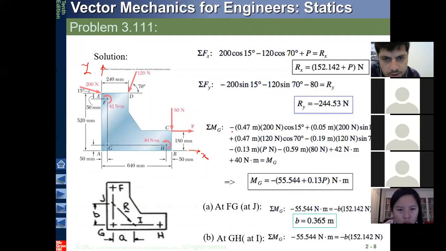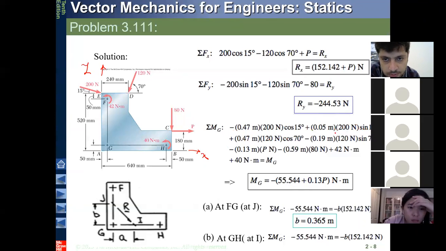And this is for the X component of this force, 200 Newton. And then for the Y component, this is the distance indicated here. This is 50 millimeter, so it would be 0.05 meter, and 200 Newton times sine of 15.